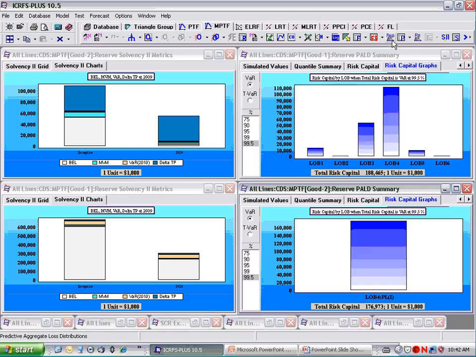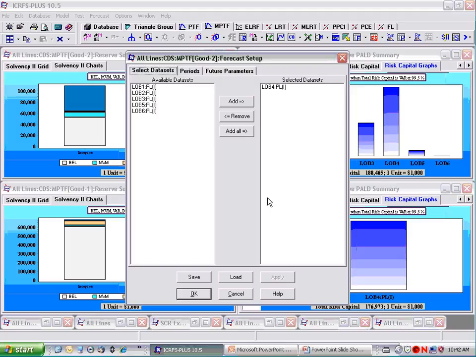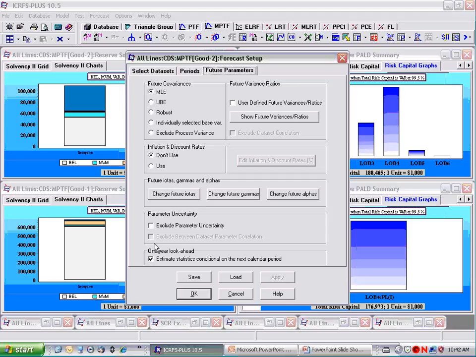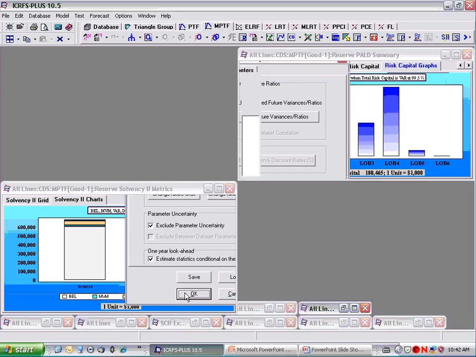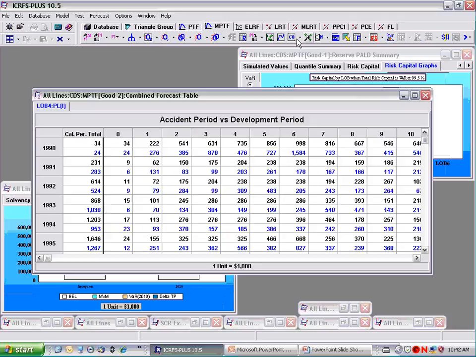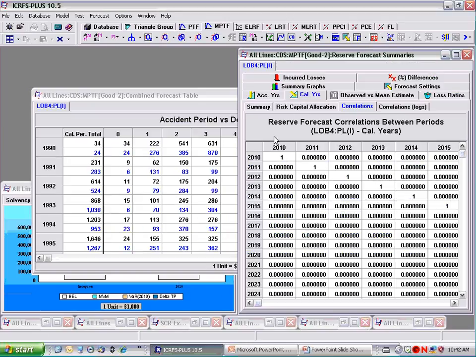Let's go and look at LOB, I think it's the second one. This will only forecast for LOB4. If we go to periods, now future parameters, remove parameter uncertainty. Let's exclude parameter uncertainty. If you exclude parameter uncertainty and you look at the forecast summary, you see all the correlations between calendar years are 0.